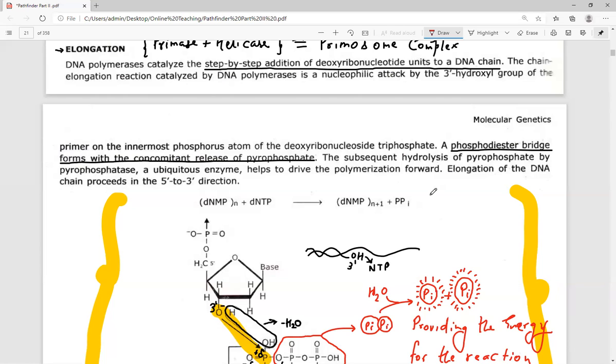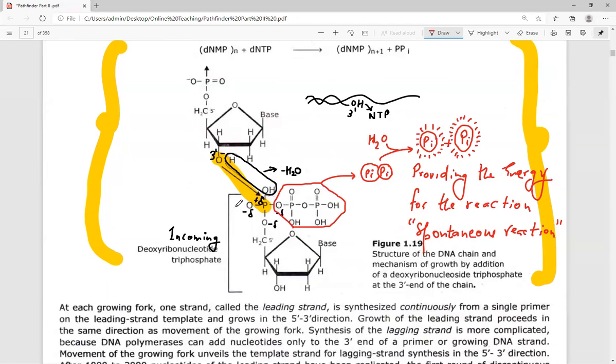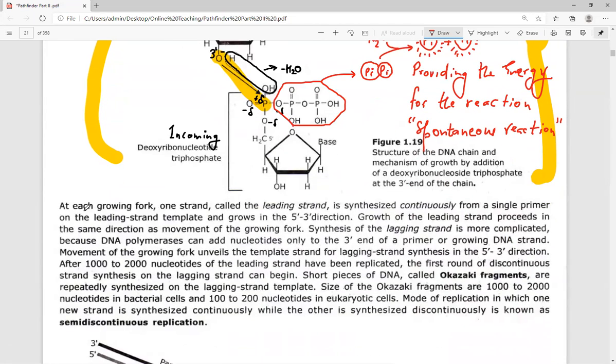Next point. Elongation of the DNA chain proceeds in the 5 prime to 3 prime direction. So the elongation chain is again going to proceed in the 5 prime to 3 prime direction, and the DNA is going to be biosynthesized. As each growing fork is going to move, it will lead to the formation of the leading strand that is continuously being biosynthesized.